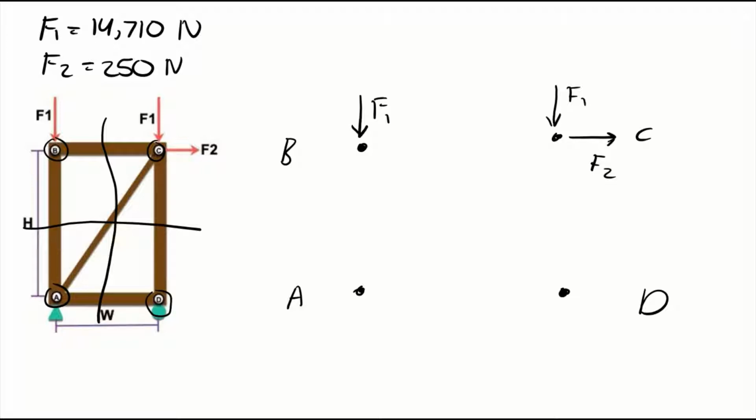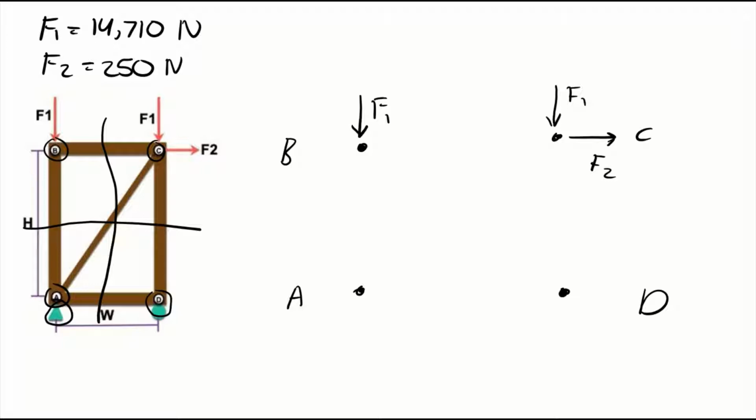And for now, I'm just going to leave the forces F1, F2 as their names and not the actual values. When we get into analyzing each joint, I'll start writing the values of the forces. But for now, just to keep it clean, I'm going to keep just the names, the lettering of the forces. At the bottom of the truss, we have the supports. At joint A, we have a pinned support.